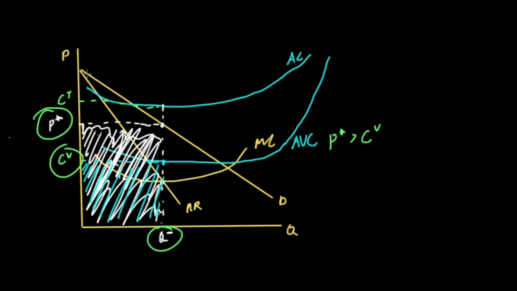So as long as the price or the average revenue is greater than the average variable cost, the firm should produce. Otherwise, Q star would be equal to 0, which means that the firm would not operate, and this would be the optimal decision if average revenue is less than average variable cost.